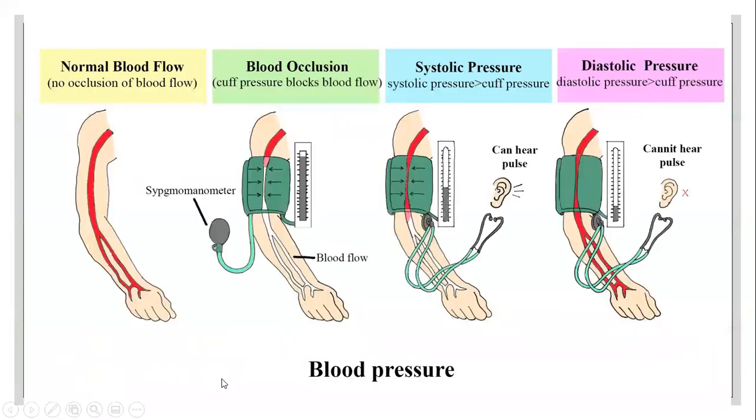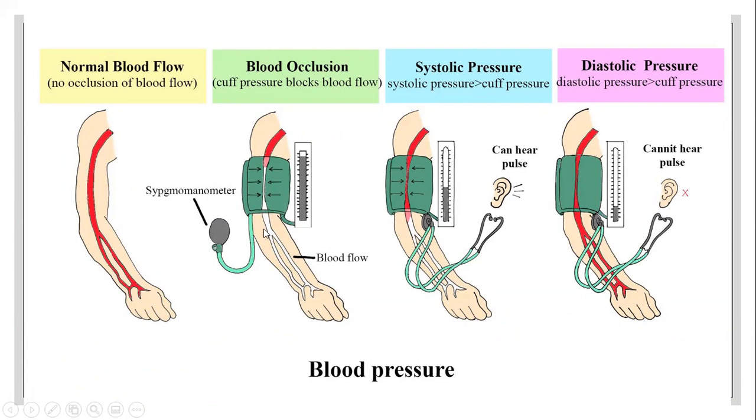So in the picture, it is showing normal blood pressure, no occlusion of the blood flow. So we can see this is the artery, blood is flowing. There is no occlusion. But when you put the cuff on and inflate it and put pressure on the artery, blood flow is supposed to stop.